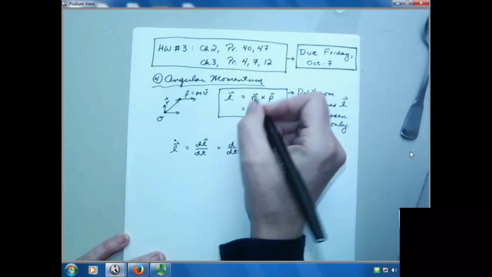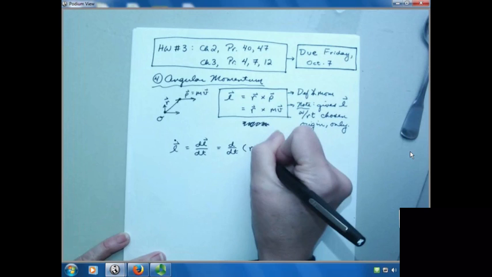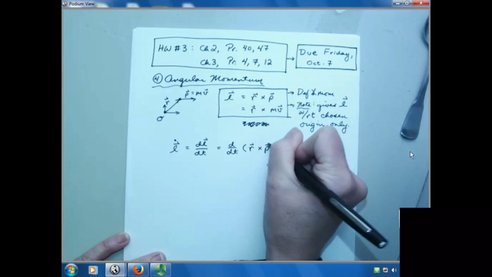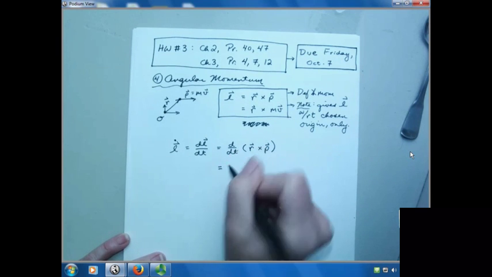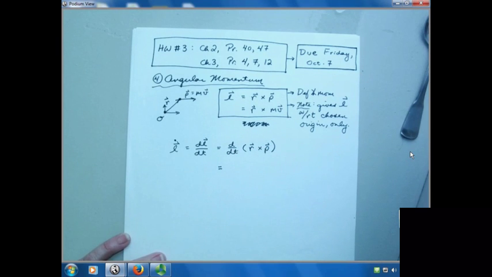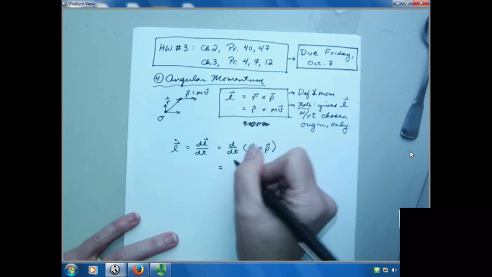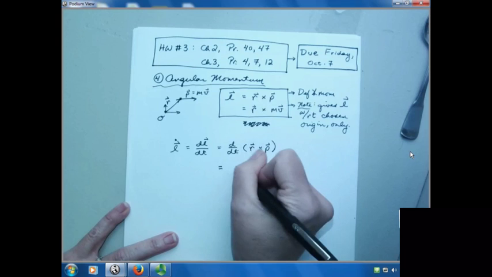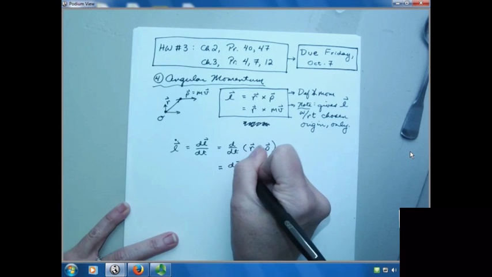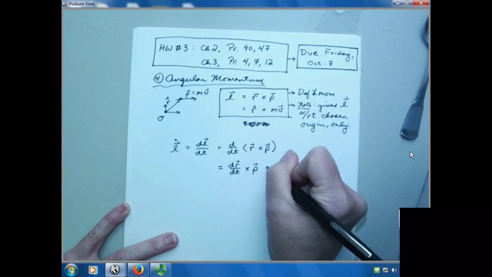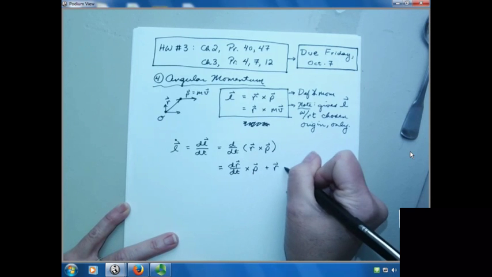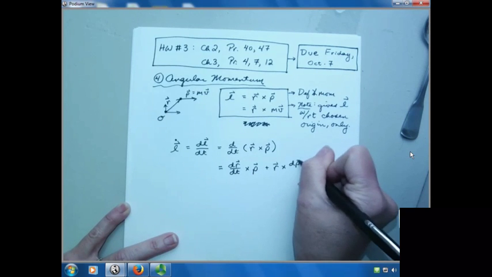I'm going to make a substitution from my definition. Good enough. And now I need to apply my product rule, which I figured out works for the cross product in a previous chapter, in chapter 1. So I wind up with dr/dt crossed with p plus r cross dp/dt.